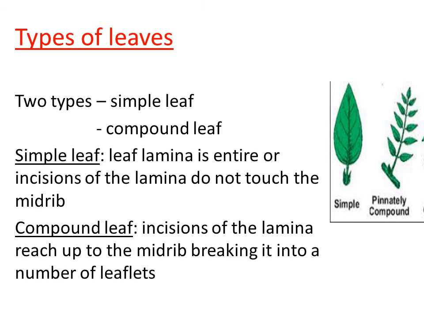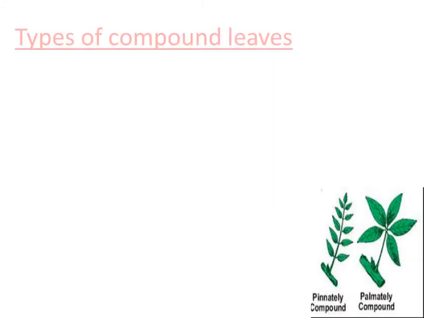In a compound leaf, the incisions, that means the cut ends of the lamina, touch the midrib and break it into a number of leaflets. You can see from the main midrib, a number of leaflets arise, right? When a number of leaflets are attached to the main midrib, such a leaf is called a compound leaf. Clear? Then the next concept is types of compound leaves.